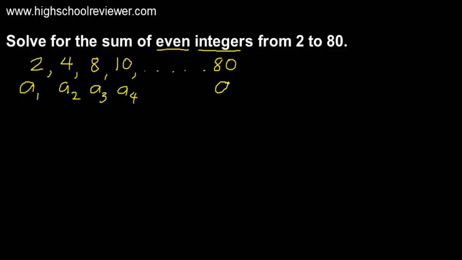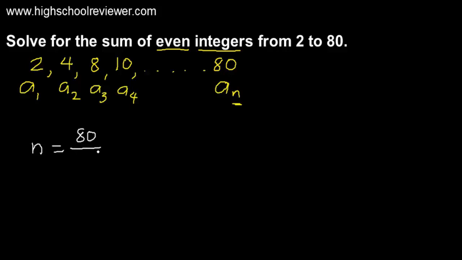Let's call this first as a sub n. We do not know yet the value of n, so let us find the value of n, which is the total number of terms. We have here 80 as the last term. Since all the integers are even integers, they are divisible by 2.